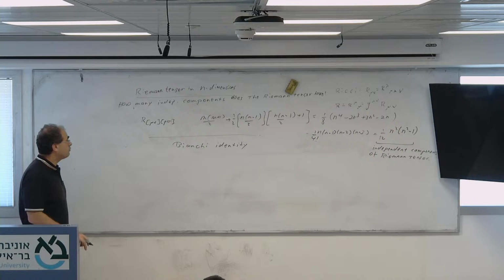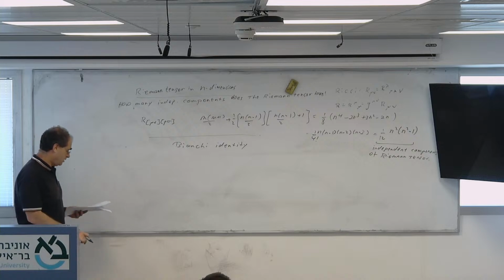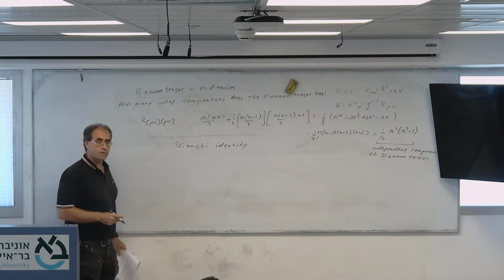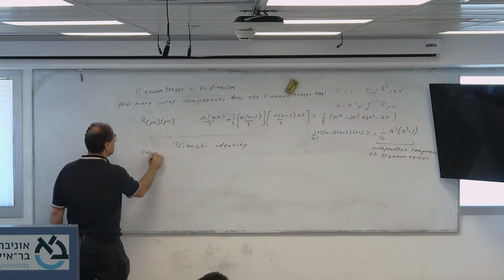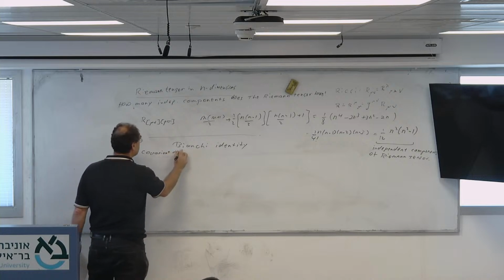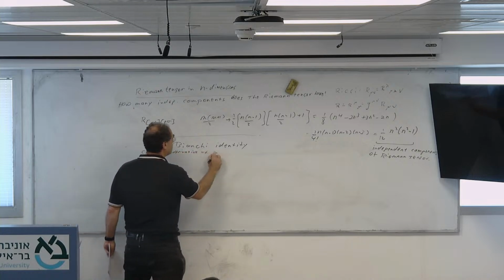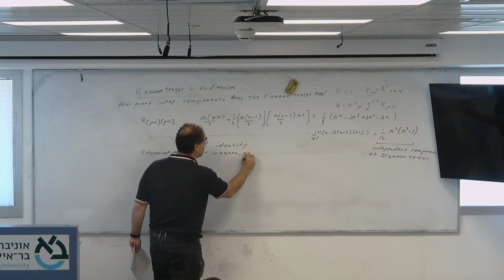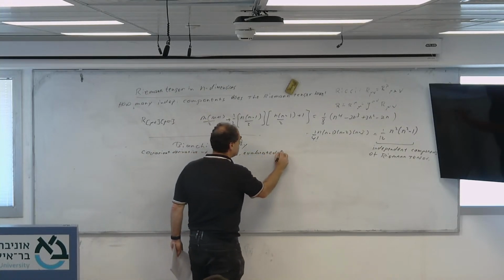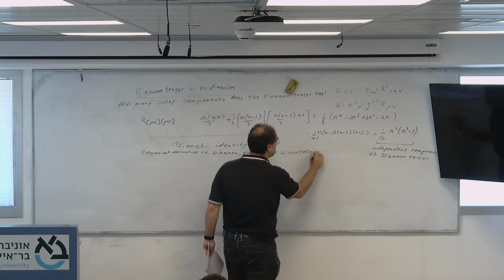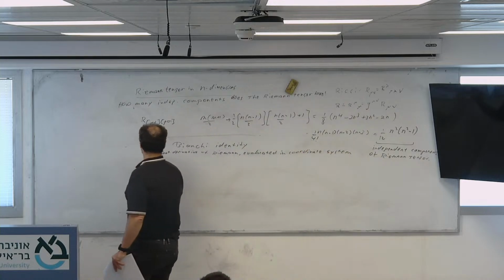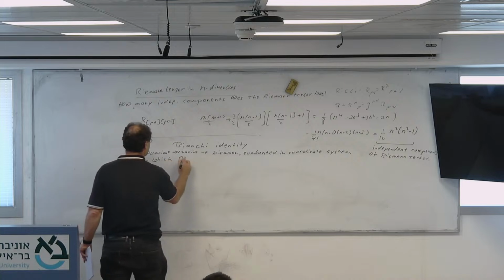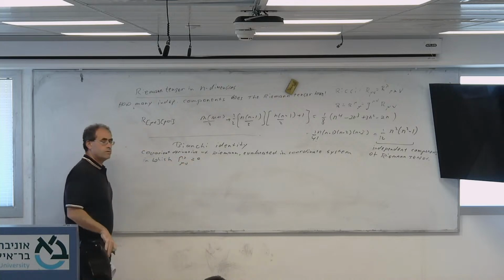So I'm going to look at the covariant derivative of the Riemann tensor evaluated in a coordinate system in which the affine connection vanishes, gamma is equal to 0. You can always find a coordinate system like that.